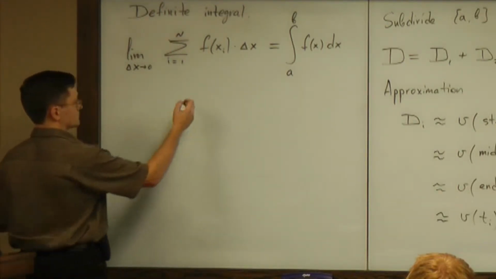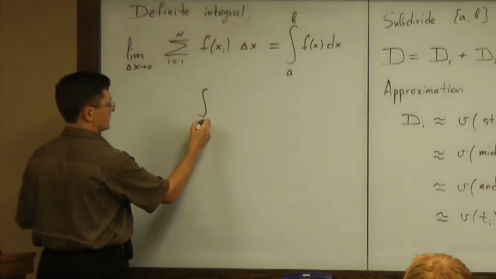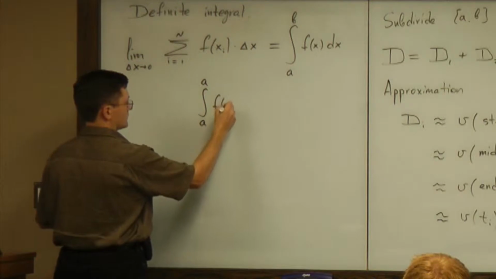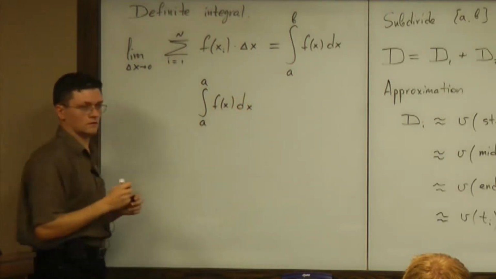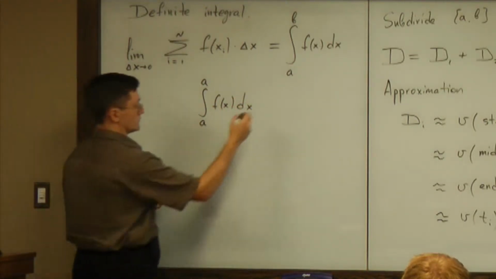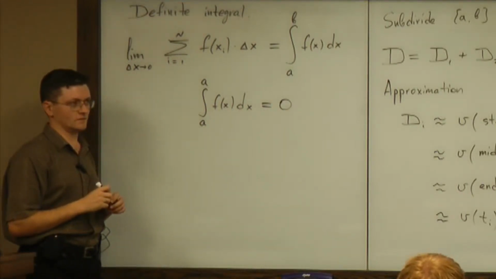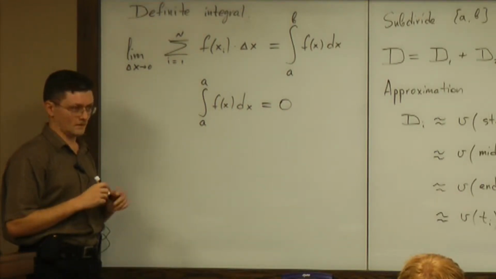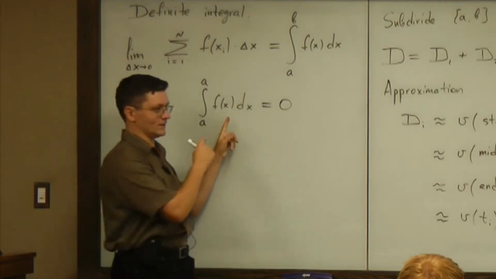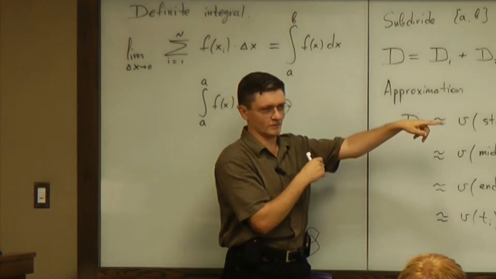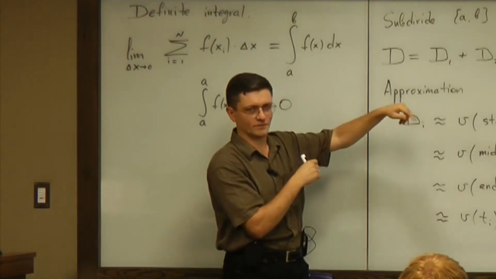So, for example, what can you say about integral from a to a f of x dx? So you expect it to be 0, but why? And now, you see, at this point, you may want to rely on one of the examples, right?